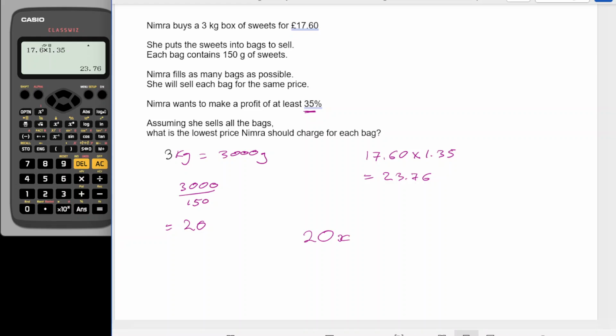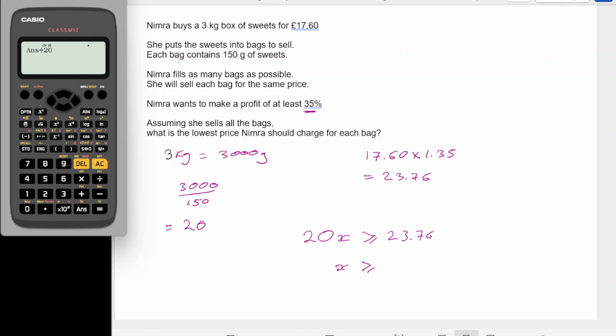So the price that she needs to sell each bag for is going to be 20 times x. We want that to be greater than or equal to, she wants to make a profit of at least. So 20x needs to be greater than or equal to £23.76. So x has got to be greater than or equal to this divided by 20.